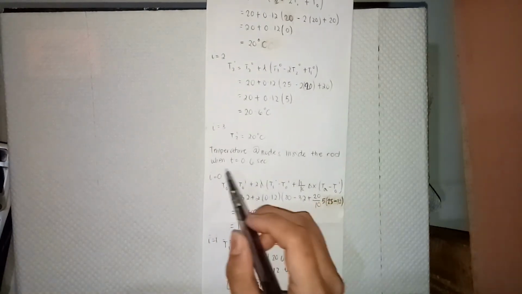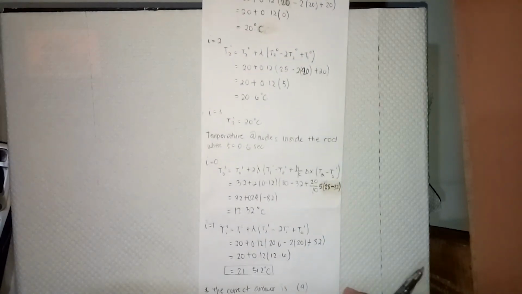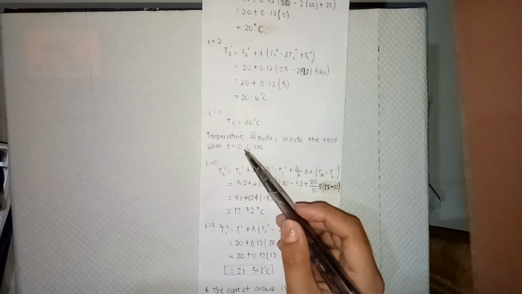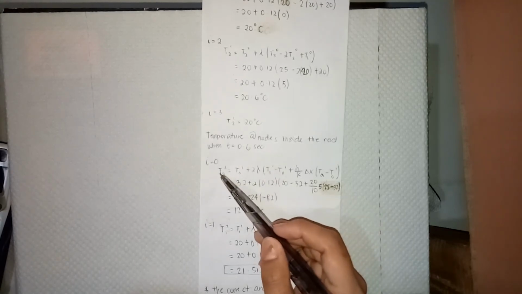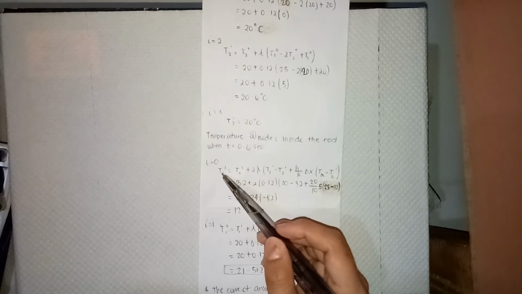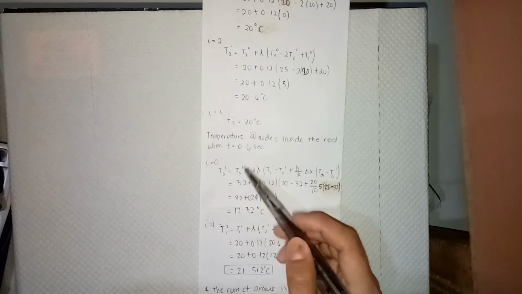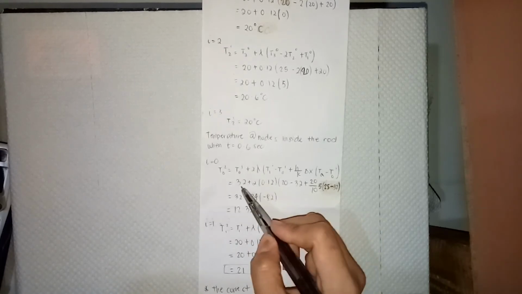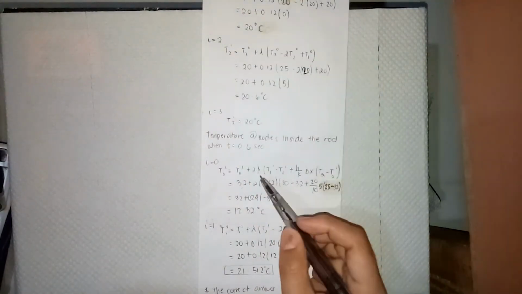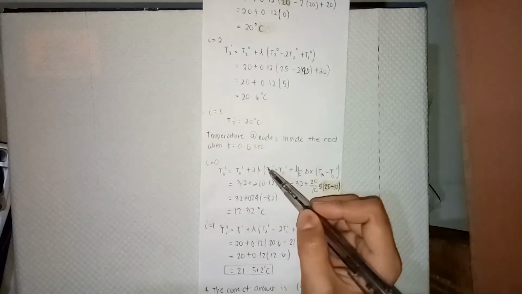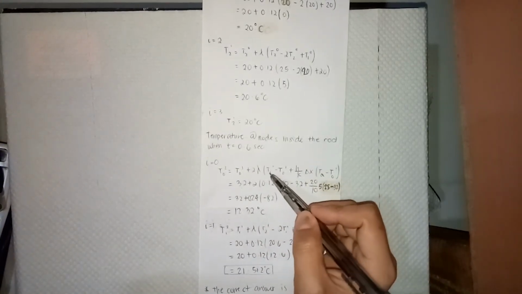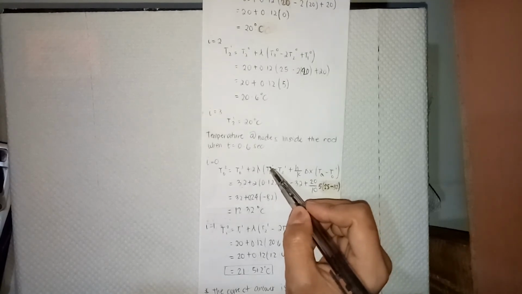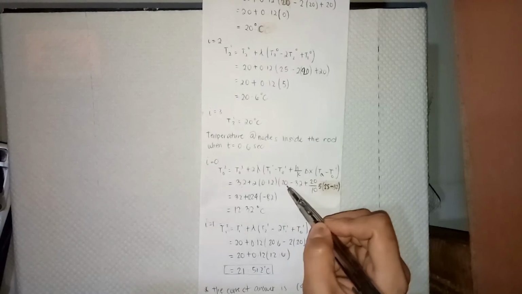Now, temperature at nodes inside the rod when T is 0.6. So now we will determine what will happen if our time is 0.6. So our temperature 0 at node 2 is equal to temperature 0 at node 1. So it is 32, and then our lambda is 0.12 multiplied by temperature 1 at node 1.